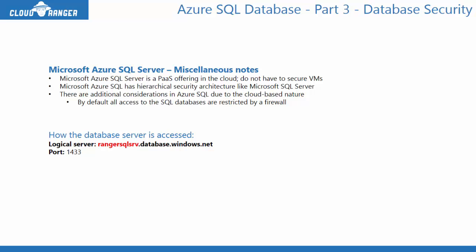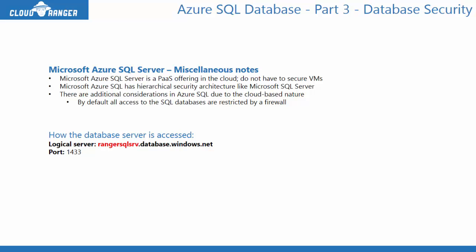So you have to use the entire DNS name to access it from your client computer or your client application, wherever. And the port is 1433. So far, while we are recording this in fall of 2016, there's no way to change that standard port of 1433. Some of you might be used to changing the port in your on-premises environment to something else just to make it a little bit more secure for whatever reason. But for now, you can't do that.